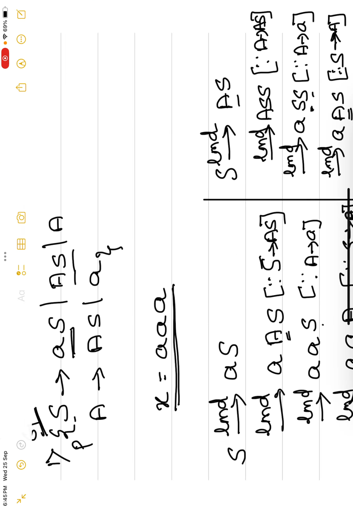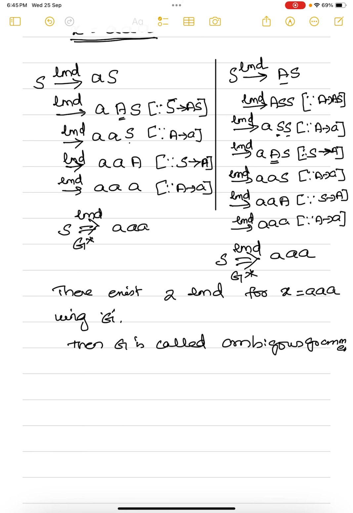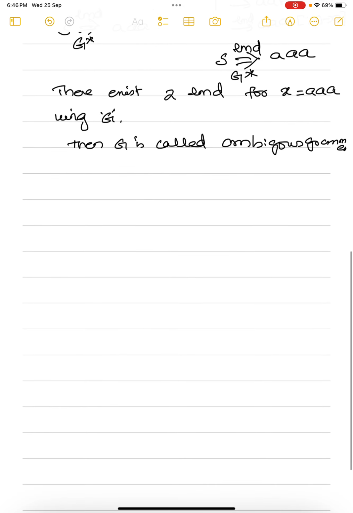Now we will take one more example, and we will check whether the grammar is ambiguous or not. Take down the second problem. S goes to 0Y or 01. Y goes to XY1 or 1.